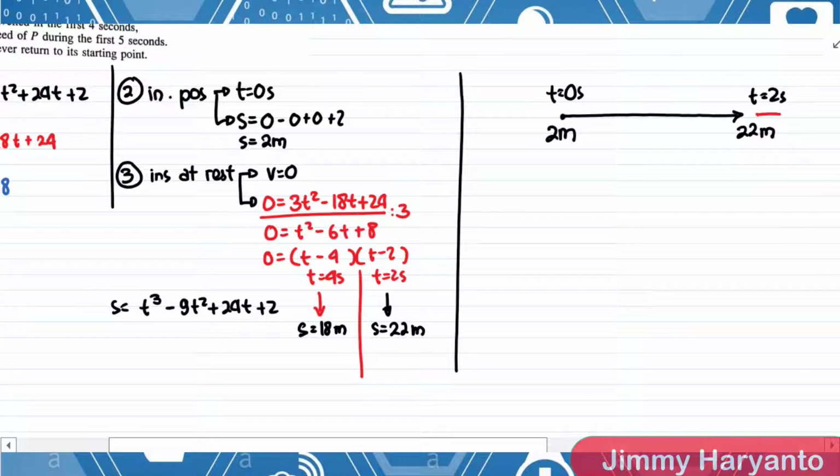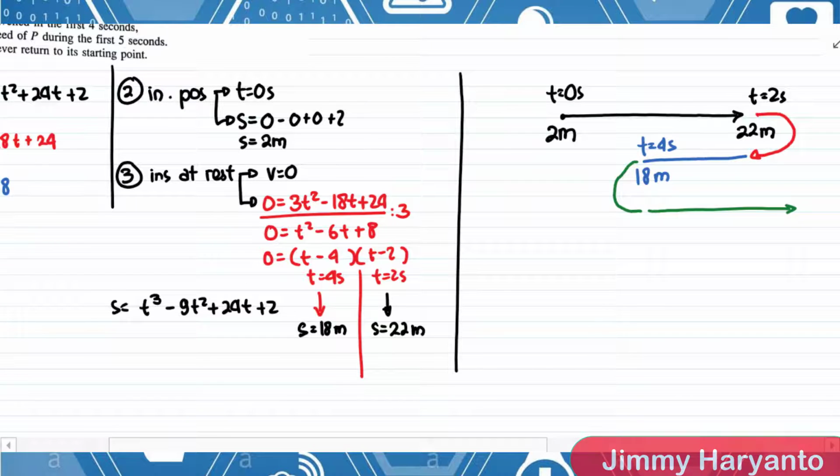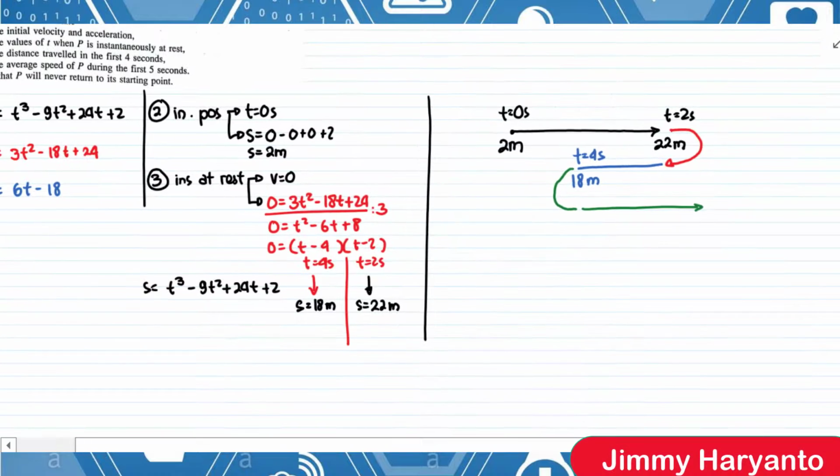It will take a U-turn at this point and then continue the motion until time equals 4 seconds at 18 meters. After that the particle takes a U-turn for the second time and then continues the motion. Okay, so this is our sketch.